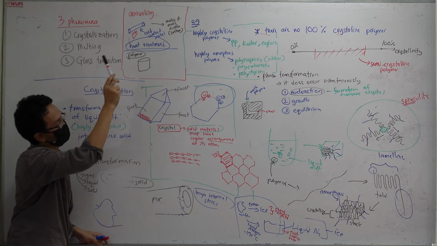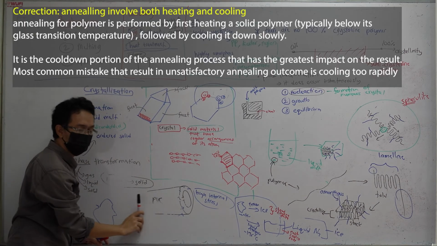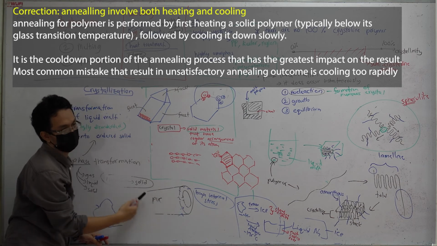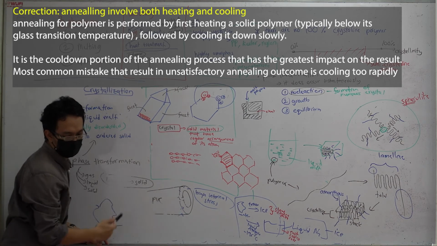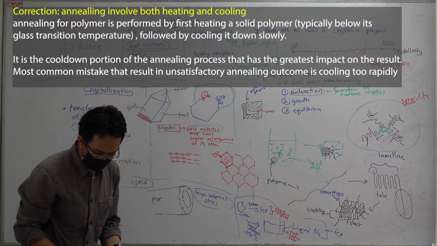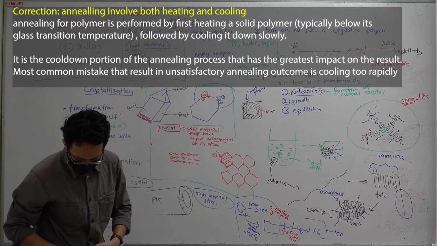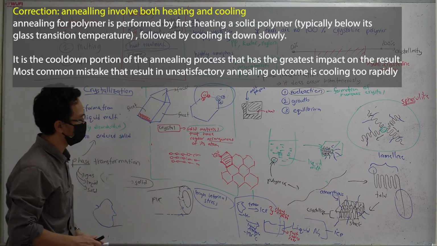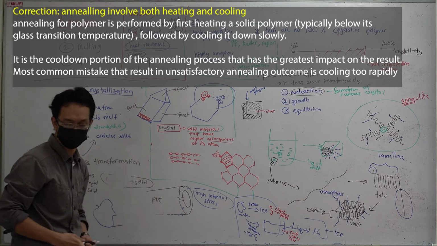How they do it is basically by slowing the cooling rate. They control the cooling rate. So that's basically annealing. It has something to do with the crystallinity.